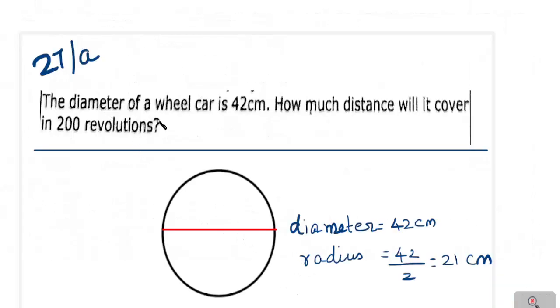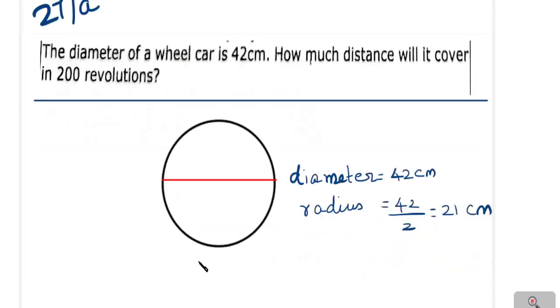The given diameter of the wheel is 42 centimeters. From this, you can find the radius, d by 2, or 42 by 2, is 21 centimeters. Then you have to find the perimeter. What's the perimeter of the circle? 2 pi r. So 2 into pi, which is 22 by 7, into r, which is 21.